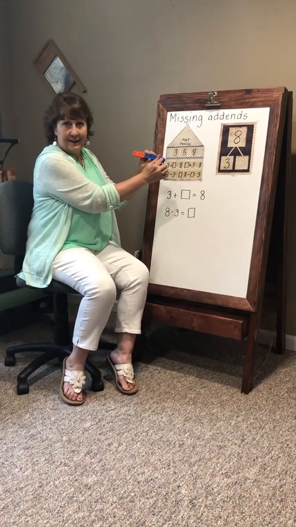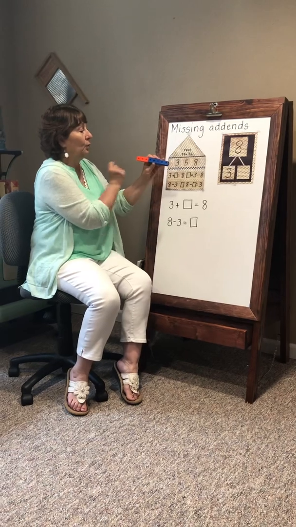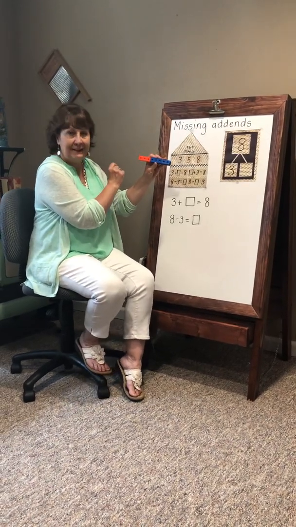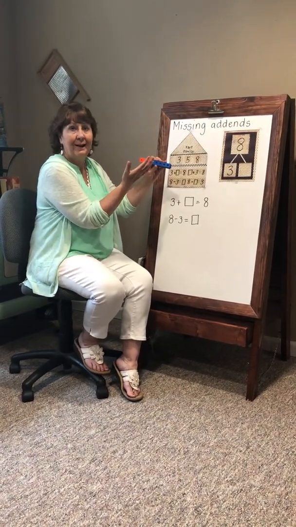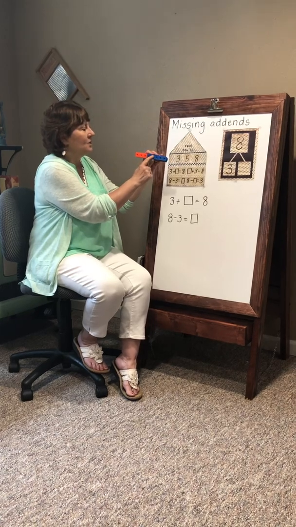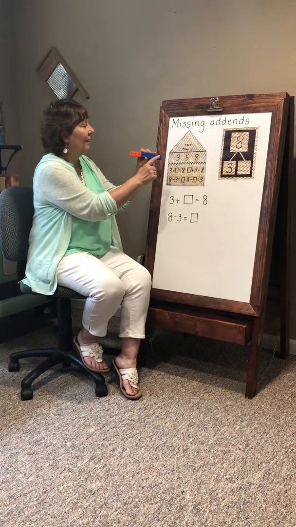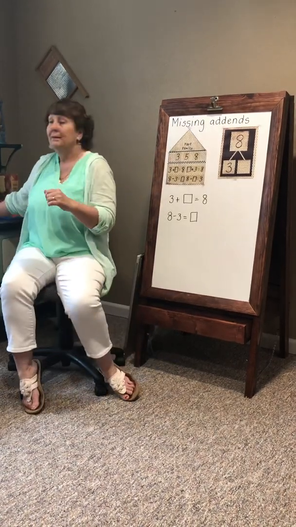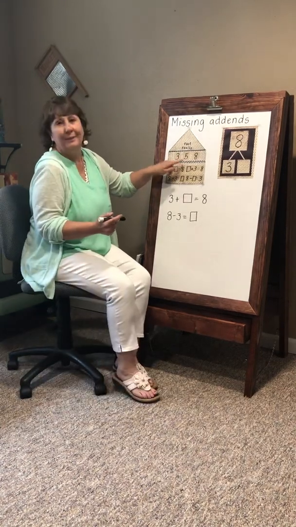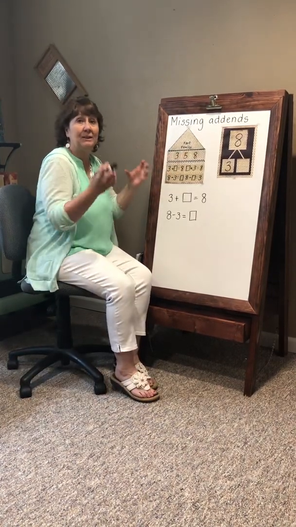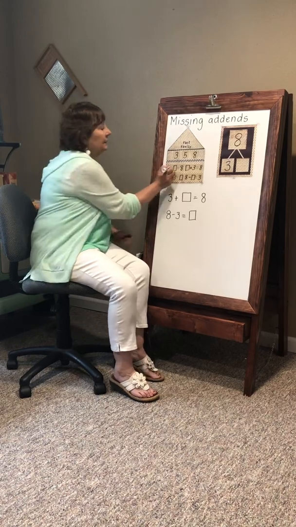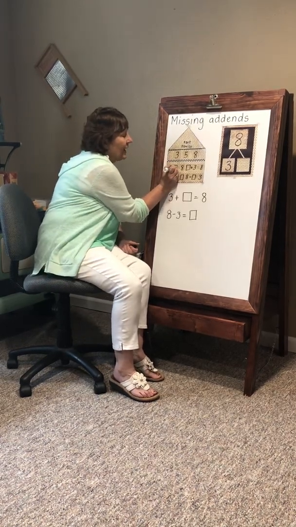Altogether it's 8. The blue will be what the missing add-in is, the other number you need to add to the 3. 1, 2, 3, 4, 5. I did put the 5 in here because they're a fact family and they work together, they relate together. So this is the answer, 5.